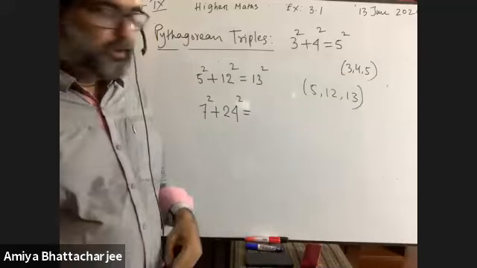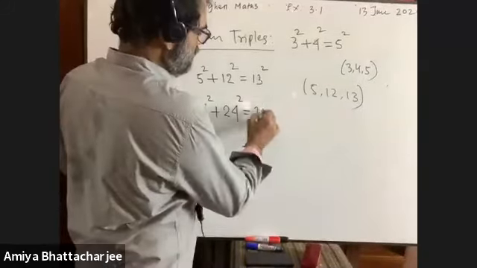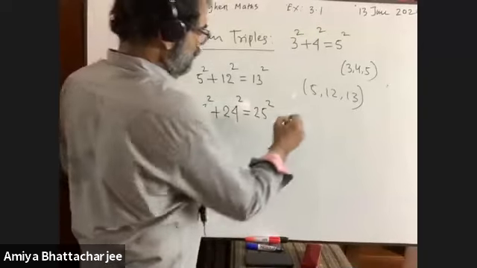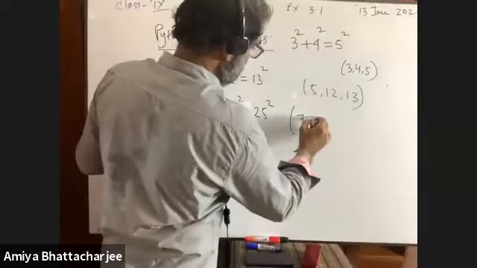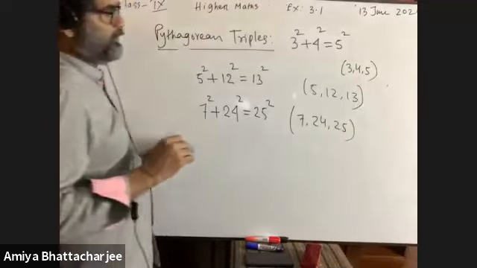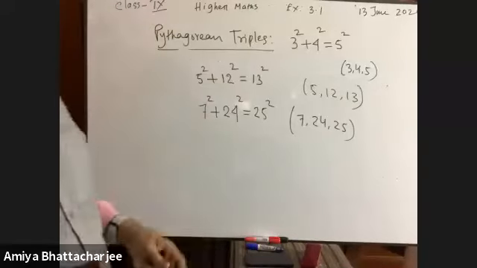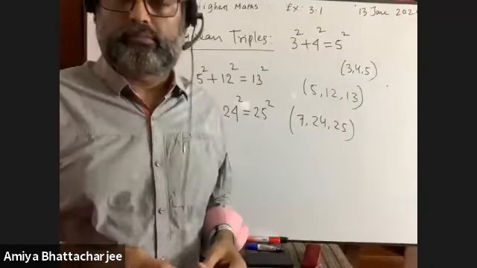625. 625 means what? 25 square. Yes, sir. So we can get 7, 24, 25 as a Pythagorean triple. Can you please find others, or who can find? Please let me know.